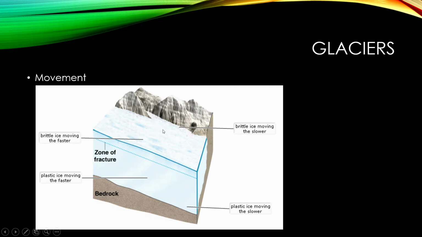By the difference in your velocity, if your glacier is cohesive, it tends to crack. And then you also have this plastic ice moving faster, which tends to stretch the material, and since glaciers are relatively rigid, it cracks. And then we also have plastic ice moving at the bottom, which is slower because of the friction from the ice and the bedrock.